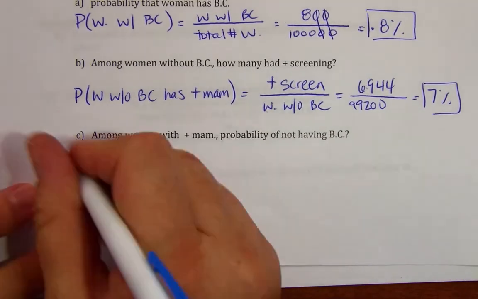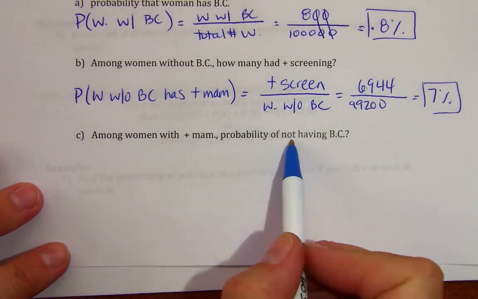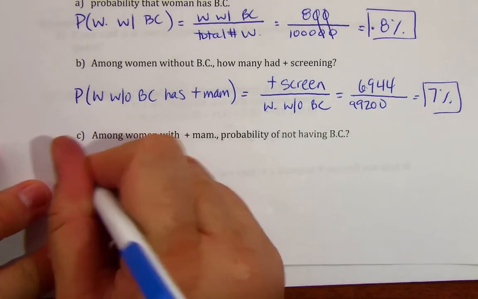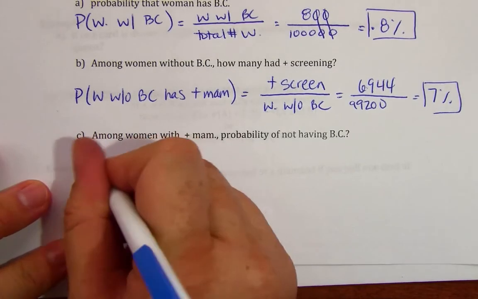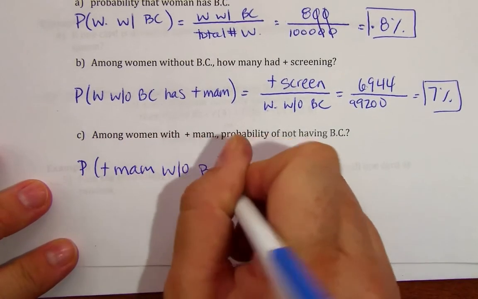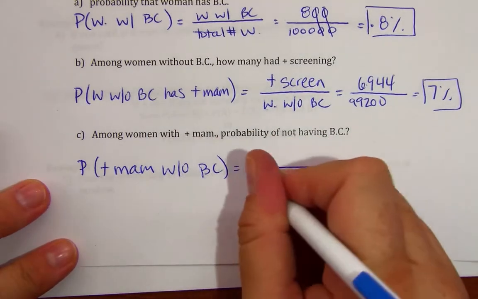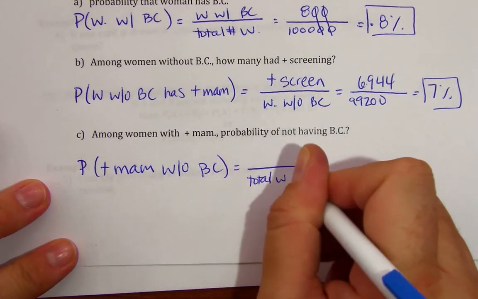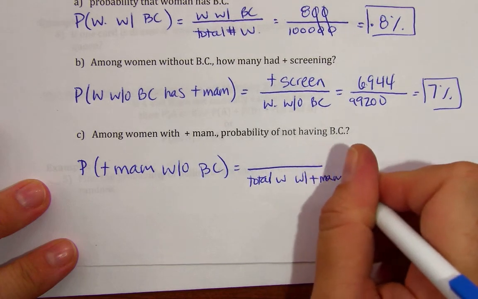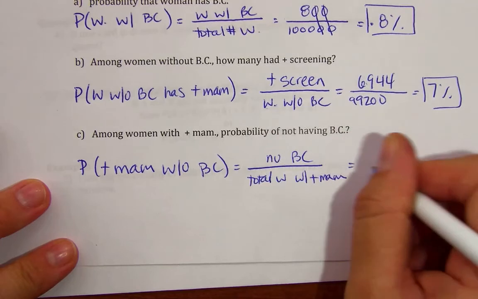Now the last one here says, among women with a positive mammogram, what's the probability of not having breast cancer? So this is the probability of no breast cancer given a positive mammogram. We have the total women with a positive mammogram, and then we want the ones with no breast cancer.